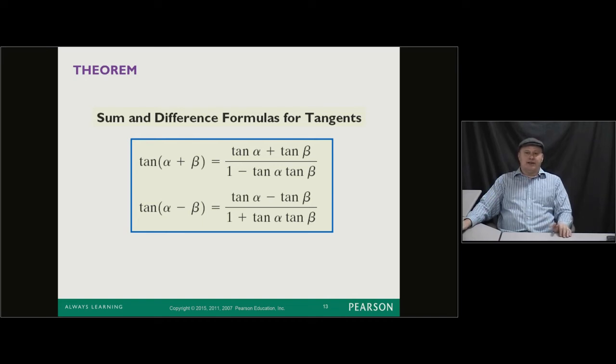Times have changed, so we no longer require that these formulas be memorized so much. We still require you to know the fundamental identities, like sine squared plus cosine squared equals 1, with those type of identities. We no longer require you to have these memorized. Well, at least most instructors do not. All right.